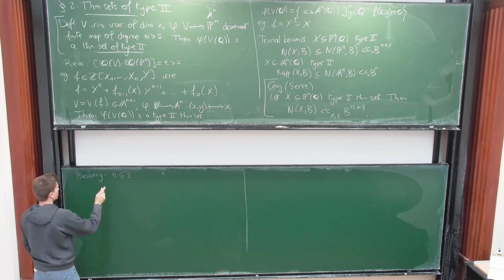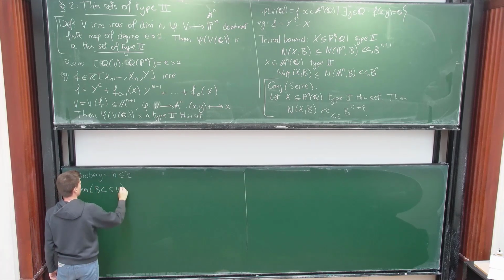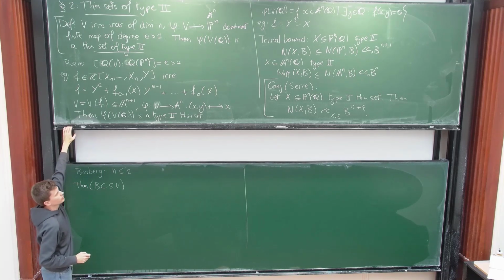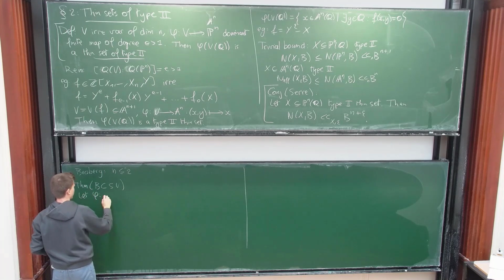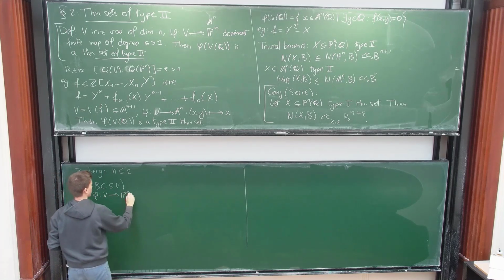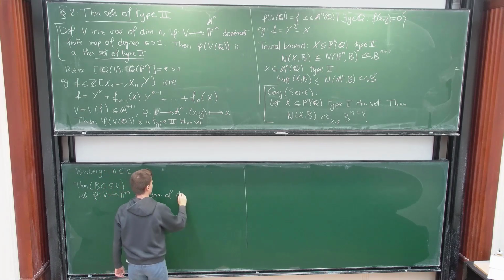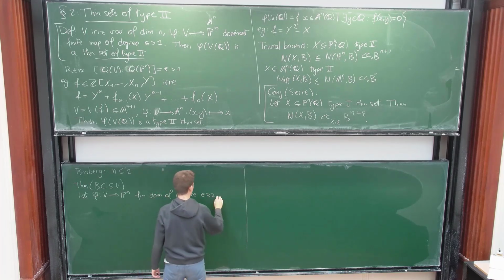So what we do is we prove this conjecture, at least when this morphism has degree at least 4. Let phi from V to Pn be finite dominant of degree at least 2.